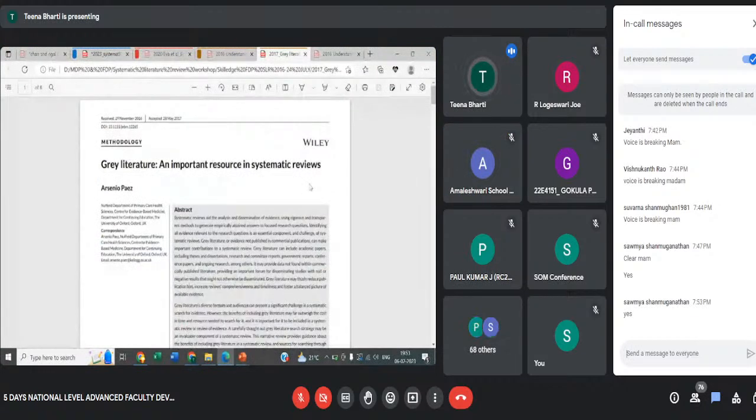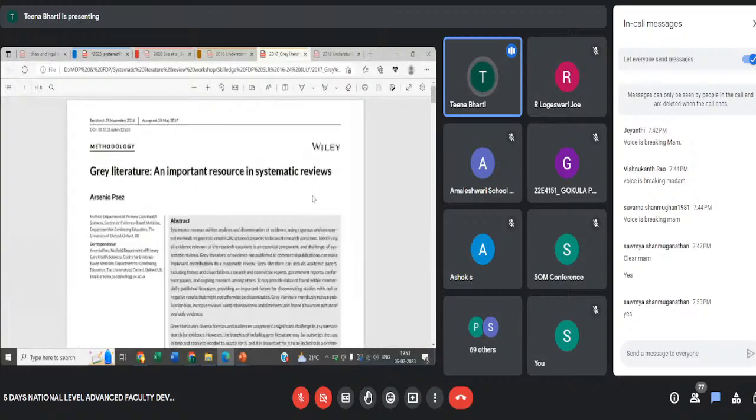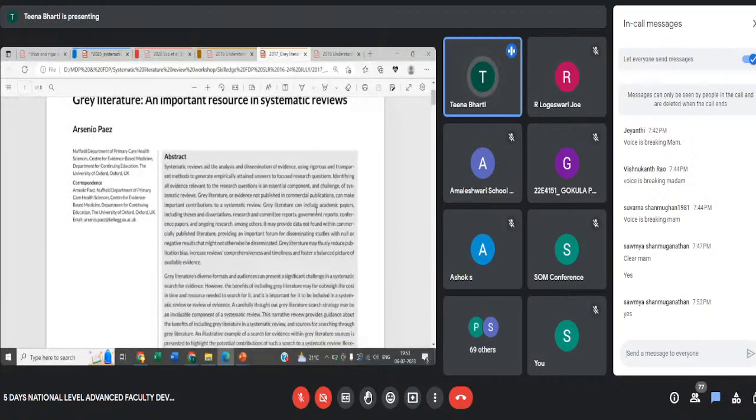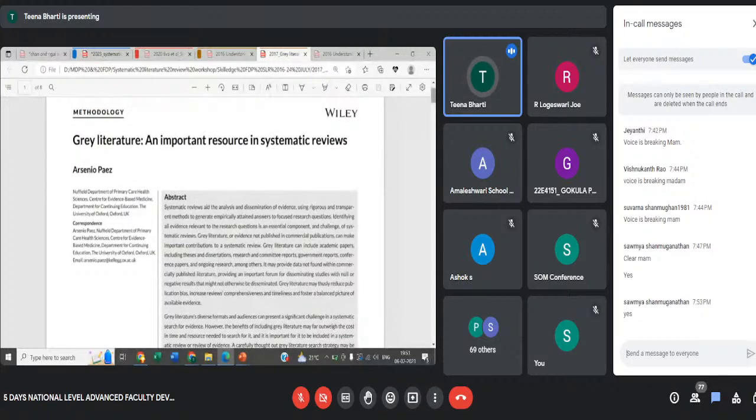Okay, so this is one article which is talking about gray literature and what an important resource it can be to systematic reviews. Because sometimes you might not see much literature on the area which you are trying to explore.